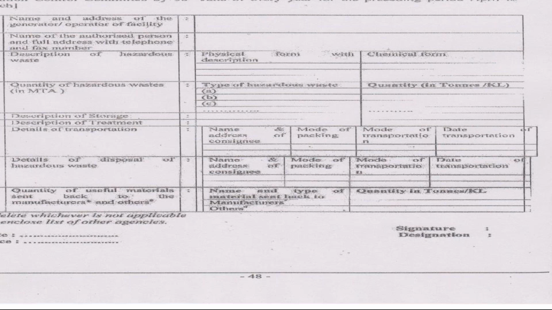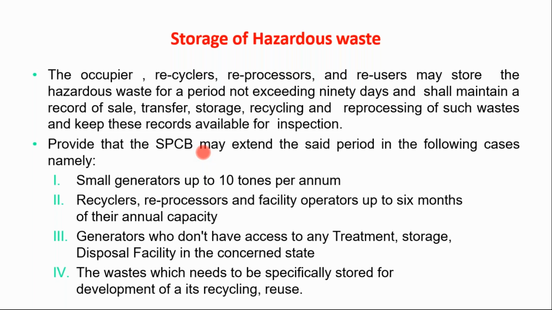Provided that the SPCB may extend the said period in the following cases. So if you want to extend this 90 days limit, then you have to communicate to the State Pollution Control Board and take the sanction for extending this 90 days period for storing this hazardous waste.